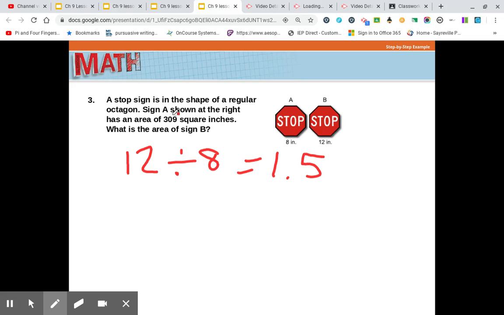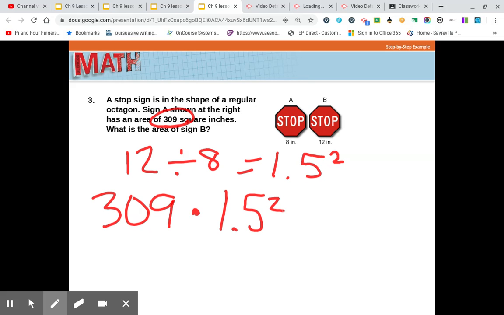Now remember I told you this is the number that you multiplied by, right? That's how we did the other ones in the previous examples. So you had to square this number in order to get your new area. So now you're going to do 309, which they provide to you up here, times 1.5 squared.